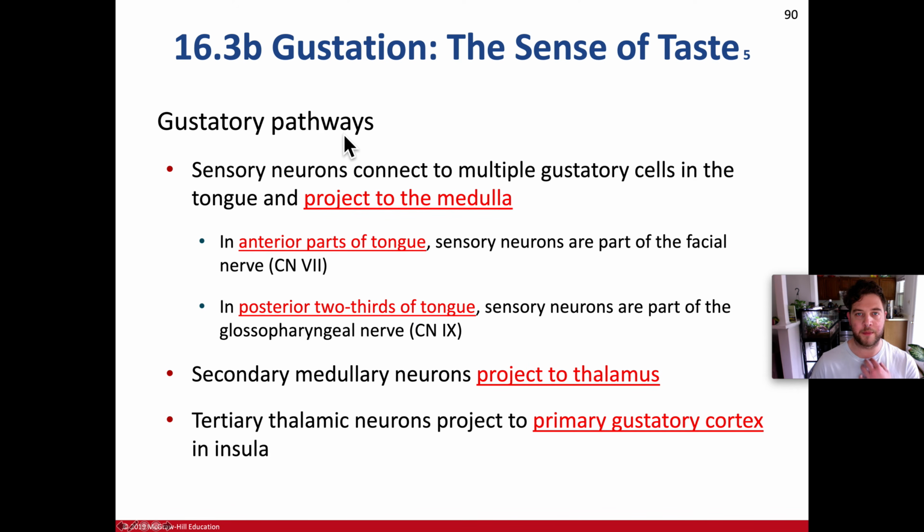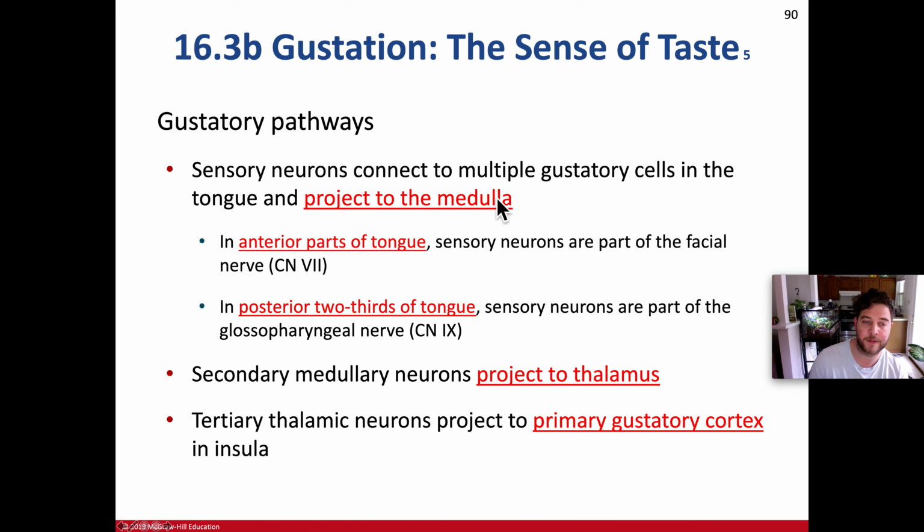All right, the gustatory pathways. What is the nervous system pathway for gustation? You have sensory neurons connected to multiple gustatory cells in the tongue that project to the medulla. In the anterior parts of the tongue, the sensory neurons are part of the facial nerve. Posterior is the glossopharyngeal nerve. So two different cranial nerves have sensory neurons in the tongue. The secondary medullary neurons project to the thalamus.